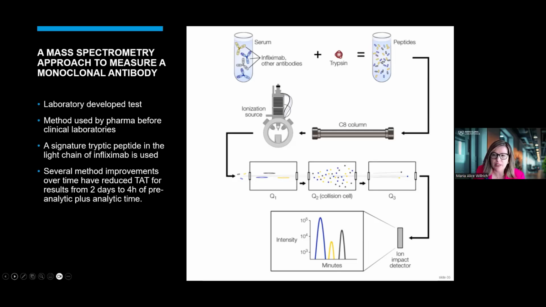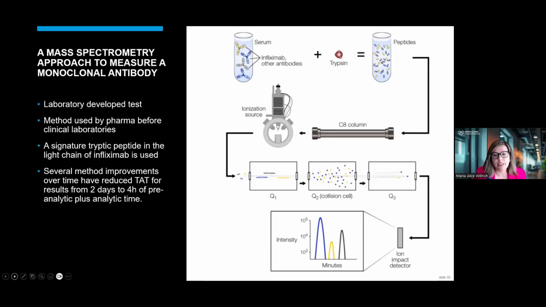So we were able to identify that peptide as a signature peptide for infliximab, and then we measure that using mass spectrometry and a standard curve that can quantitate the amount of peptide and correlate that to the amount of drug.